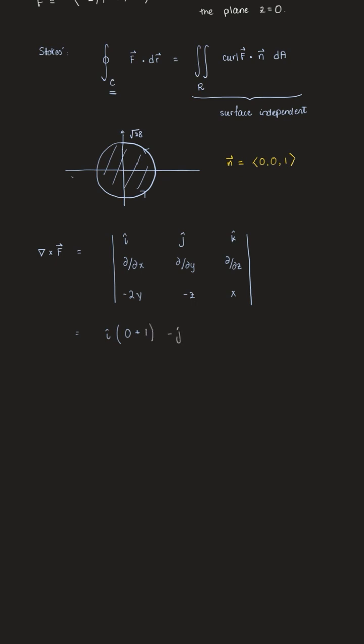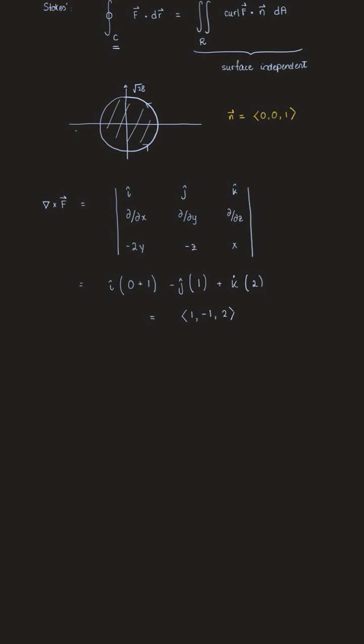Then we have minus j hat, which will give us partial of x with respect to x is 1, and then partial of negative 2y with respect to z is 0, and then plus k hat, and partial of negative z with respect to x is 0, and partial of negative 2y with respect to y is negative 2, but that'll be a positive 2 since we're subtracting. So we get a curl that has components 1, negative 1, and 2.